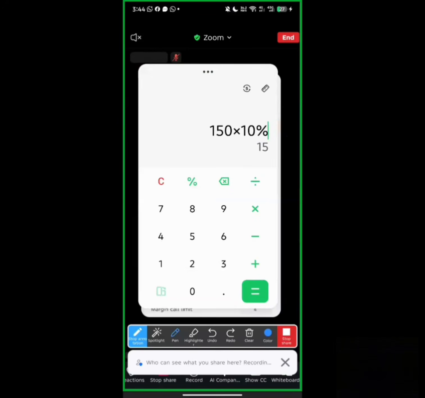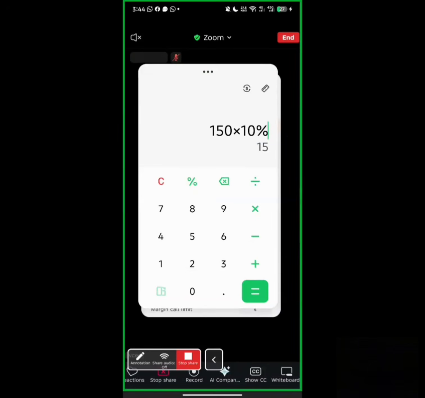Okay, 15. So for a person using 150, you have to put 15. And if you are using, let's say, $433, 433 multiplied by 10%, you can see it gives us 43.3.